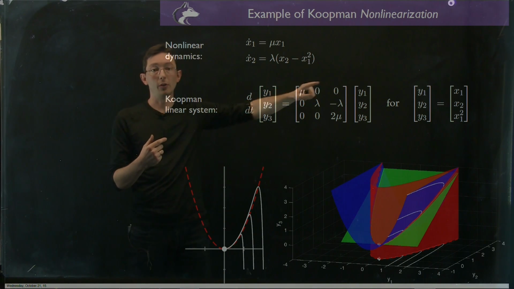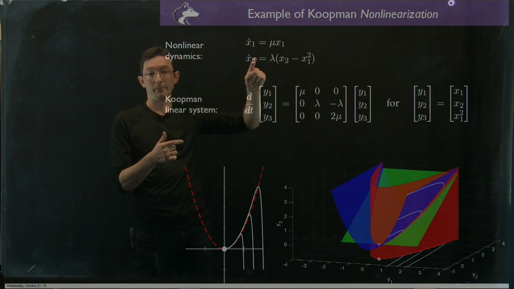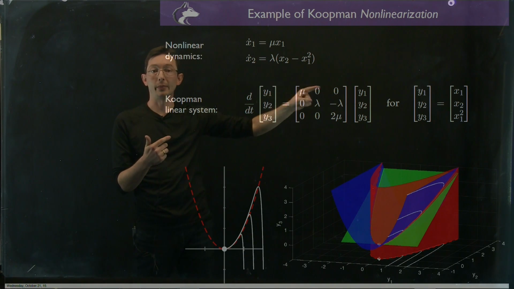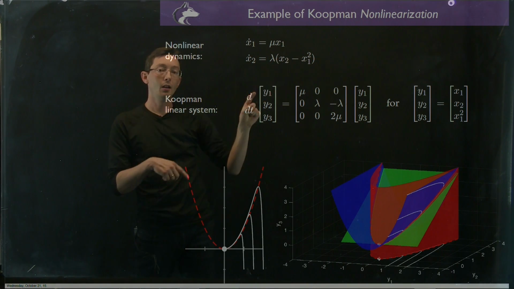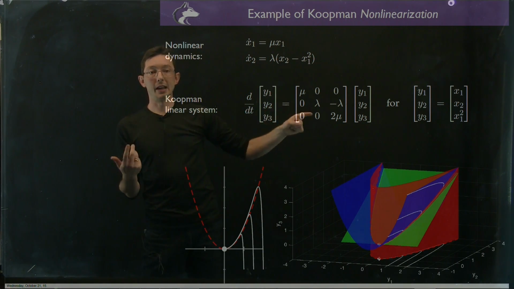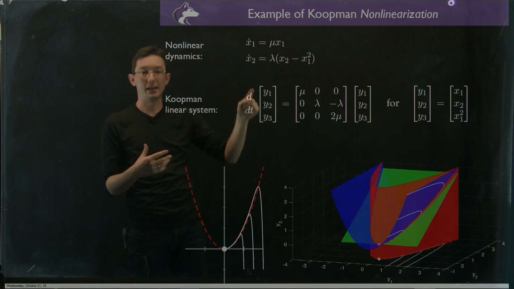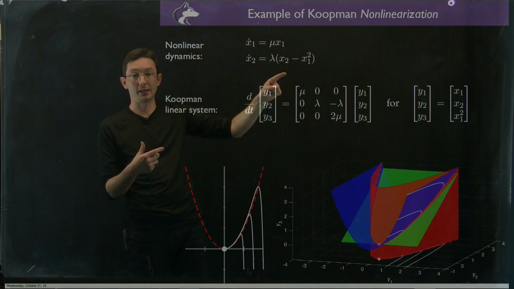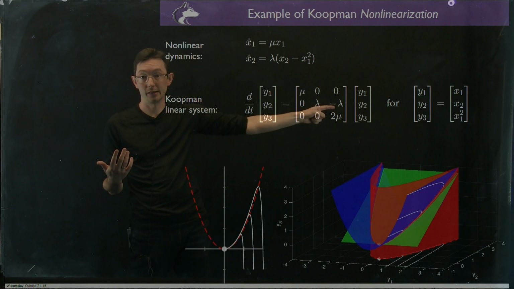So the first two rows of these y dot equations are my original dynamics. Okay, y1 dot equals mu times y1. That's just another way of saying x1 dot equals mu times x1. y2 dot equals lambda times y2 minus lambda times y3. That's another way of saying x2 dot equals lambda x2 minus lambda x1 squared, because that's what y3 is.